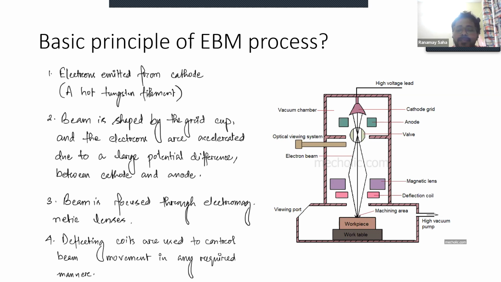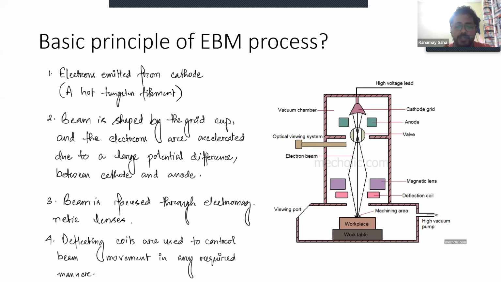Now, if you look at this diagram, you can see that this cathode, which is a hot tungsten filament, emits electrons, and a cup-shaped grid accelerates and shapes the electron beam. The electrons are accelerated due to a large potential difference, as I mentioned, in the order of a few hundred kilovolts between the cathode and the anode.